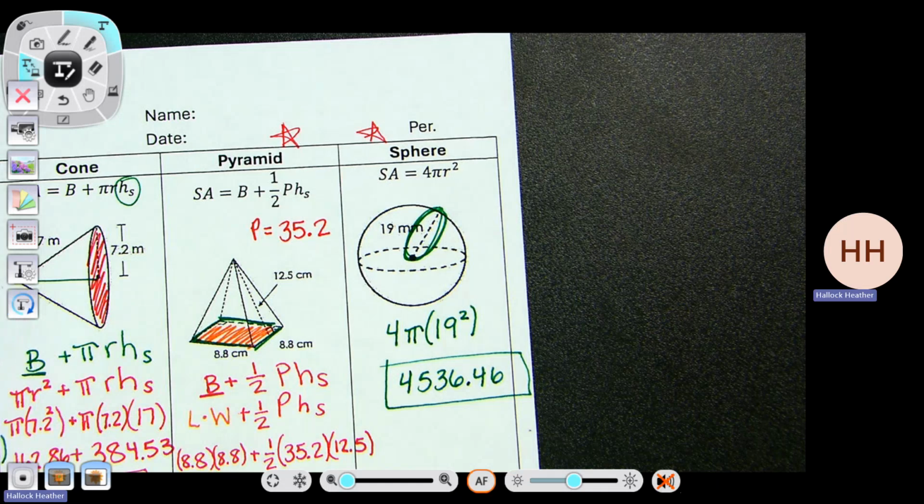So try number 3 at the bottom. Okay, number 3 at the bottom. You should not be using 24.